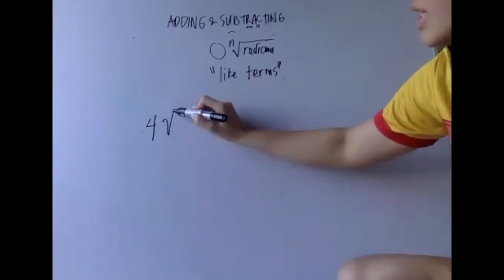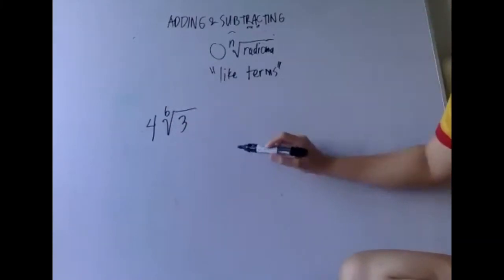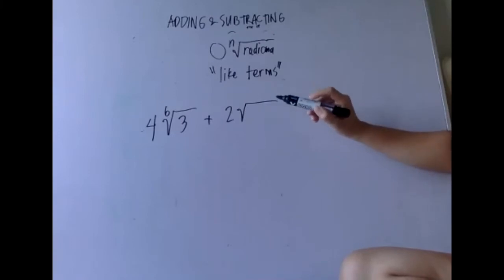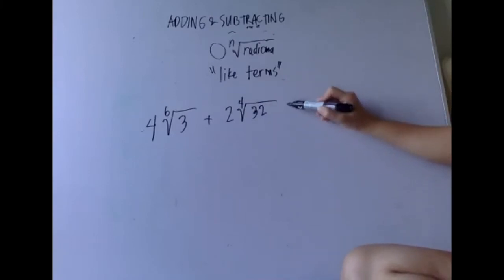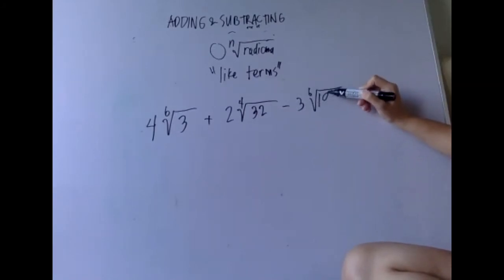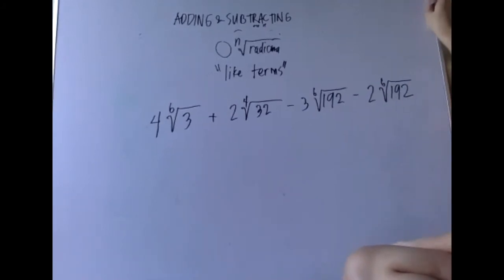4 6th root of 3, plus 2 4th root of 32, negative 3 6th root of 192, minus 2 6th root of 192. Okay, so again, pangit naman na sulat.